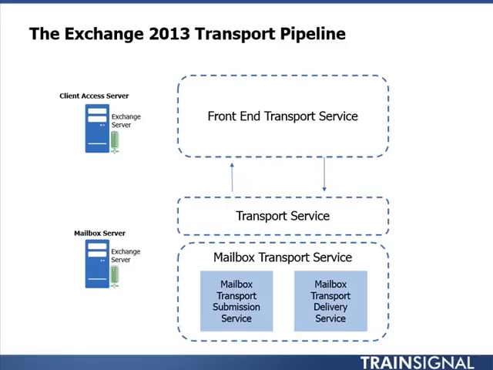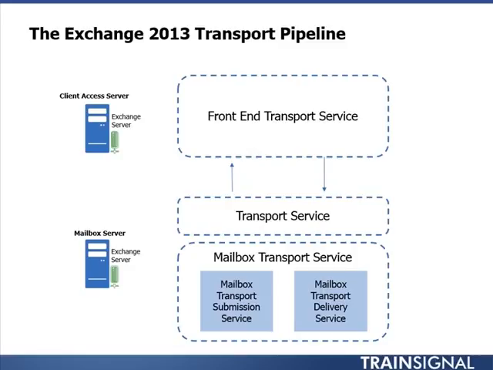If you look at the mailbox transport delivery service, imagine mail coming in, going through the transport service, and being handed off to the delivery service, which then uses RPC to put that mail in a mailbox database.